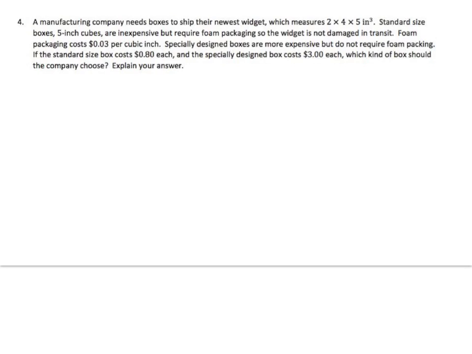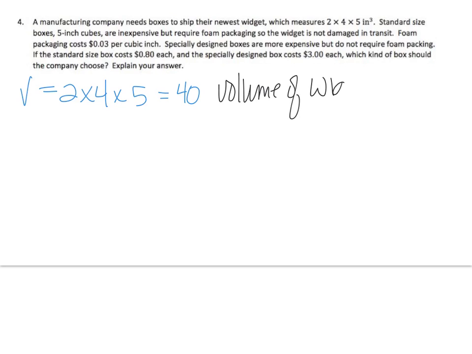So let's look at the foam packing. Our volume is 2 by 4 by 5. 8 times 5 is 40. So that'd be the volume of the widget. Then we have the 5-inch cube boxes.